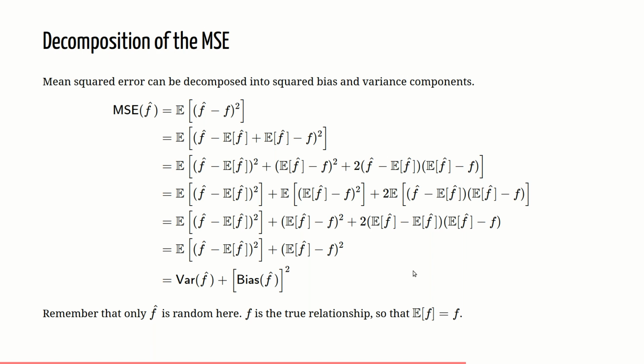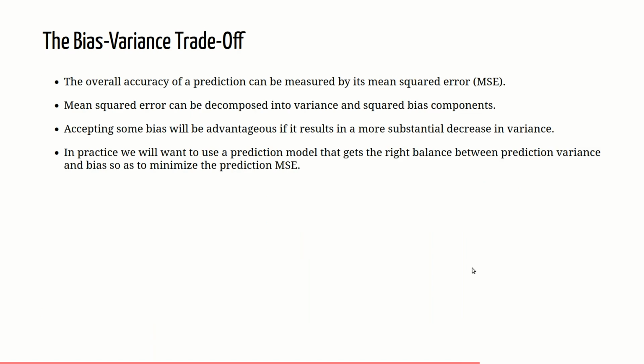So the bias variance trade-off here is always in play because the mean square error literally decomposes into their sum. Okay, so accepting some bias is advantageous if it results in a substantial decrease in variance.